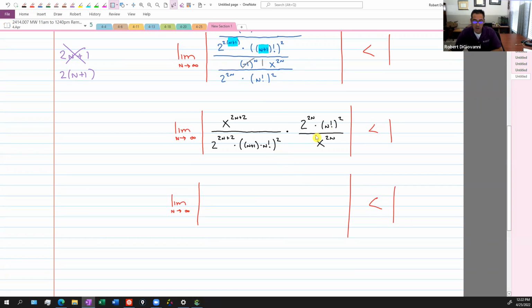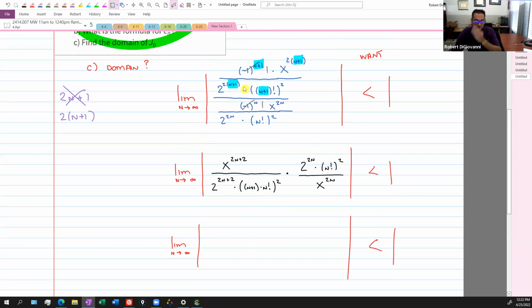All right, any other questions on how I got this from this? All right, so I'm going to keep doing this. That was just an intermediate step. I'm going to rewrite this top left corner as x to the 2n times x squared. That's this top one split up into 2 pieces. And then on the bottom, I've got 2 to the 2n times 2 squared, splitting this up. And then this one will become n plus 1 squared times n factorial squared.